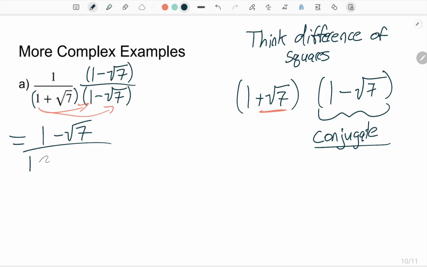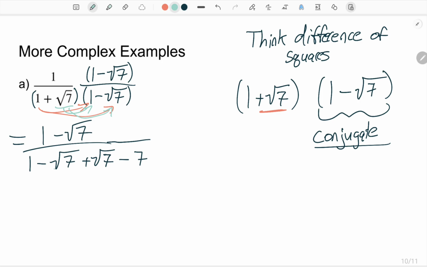As you get more used to multiplying by conjugates, you'll get more used to just canceling out the square root parts. So you won't need to necessarily write it out as fully as I am right now. You next have plus root 7 times 1, so plus root 7. And the last part, root 7 times root 7, is just minus 7. Because root 7 and the root go together and make it disappear. Because it's like squaring it.